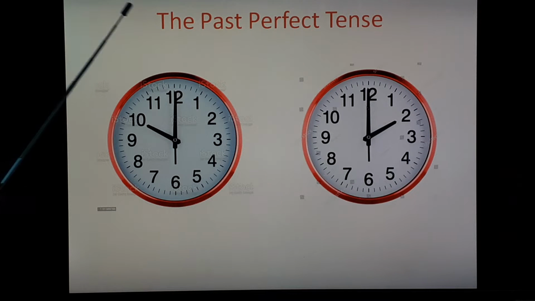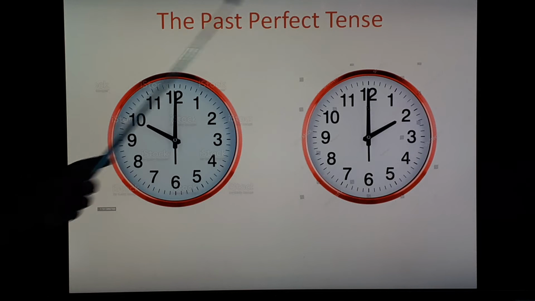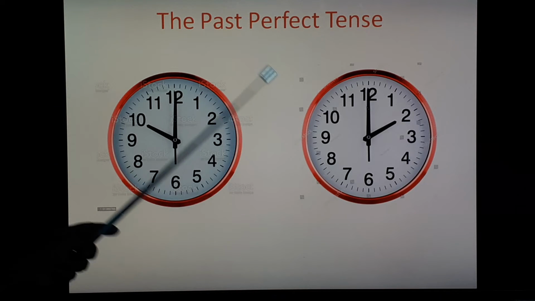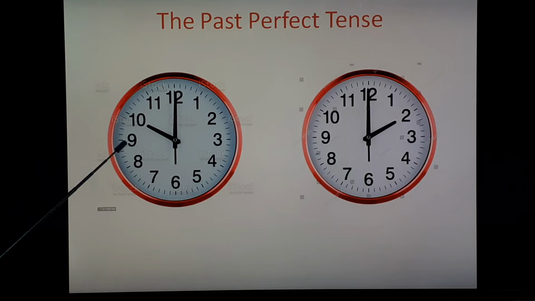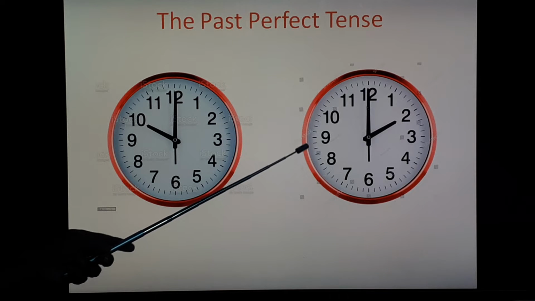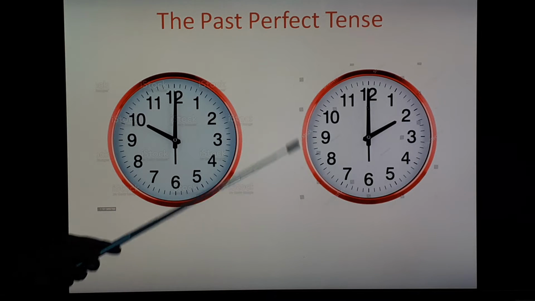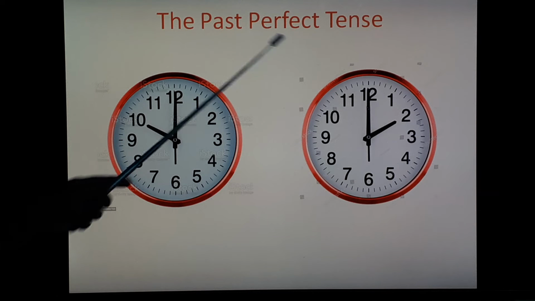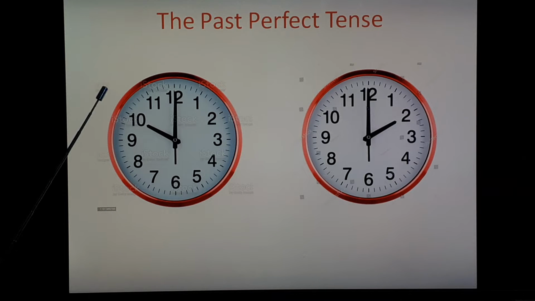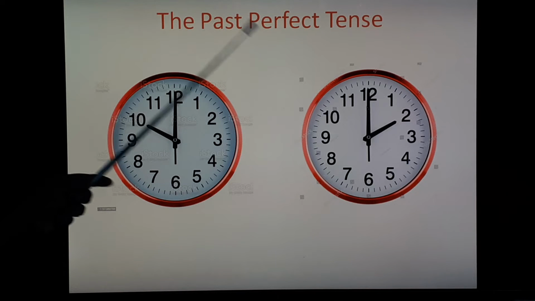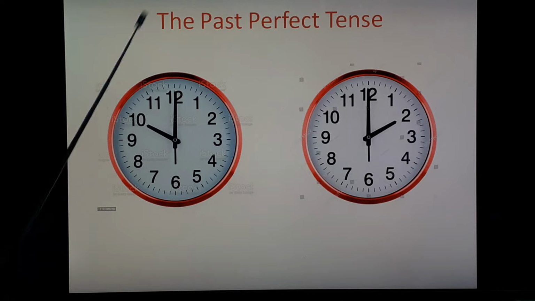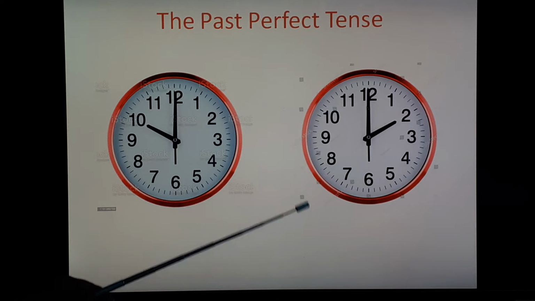Let's learn the past perfect tense with the help of two clocks. Here one clock shows 10 o'clock and another clock shows 2 o'clock. So here for past perfect tense, two actions should be there in the past, right? So with first action you have to use past perfect tense, and with second event or action you have to use simple past tense.